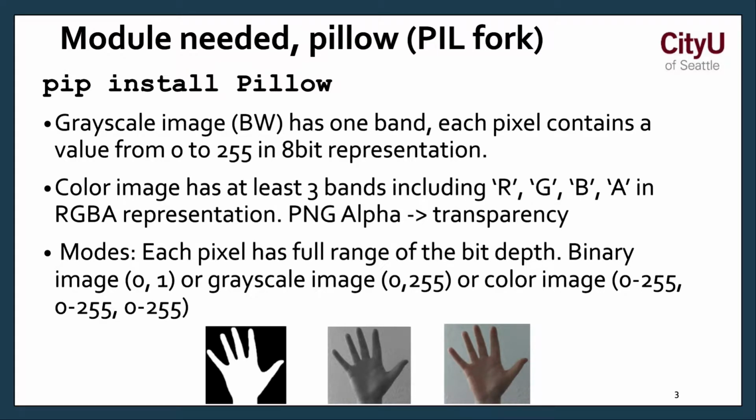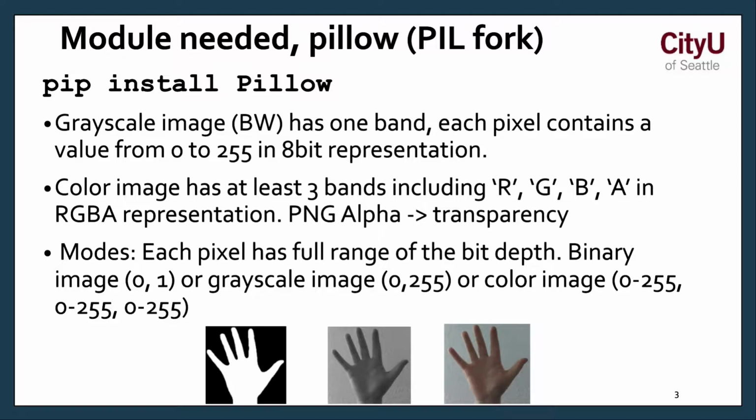So we would need to use Pillow. It's a library, and you want to install it. And some good facts: a grayscale image would be 0 to 255 value for 8-bit representation.